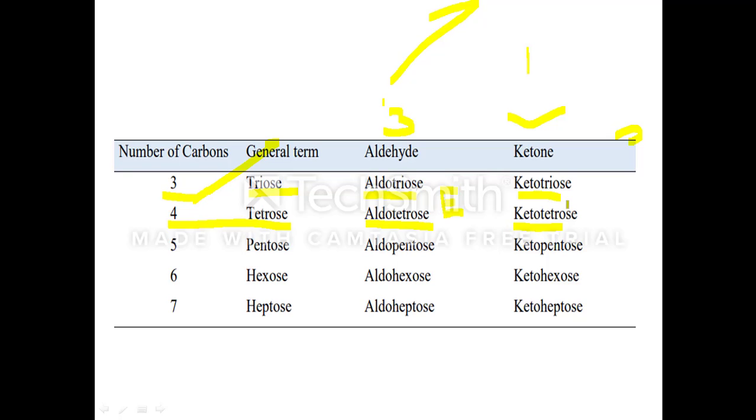Aldoses will have the suffix -oses, whereas ketoses will have -uloses.